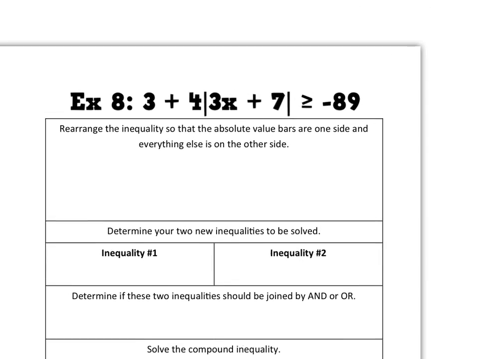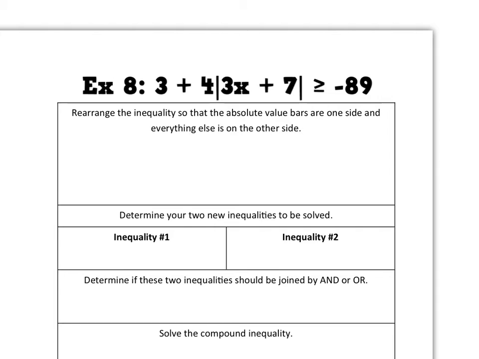Last question. So I need to get my absolute value bars by themselves. So my first step is going to be to minus 3 from both sides. Once again, I'm just writing on top of there to save a little bit of space.